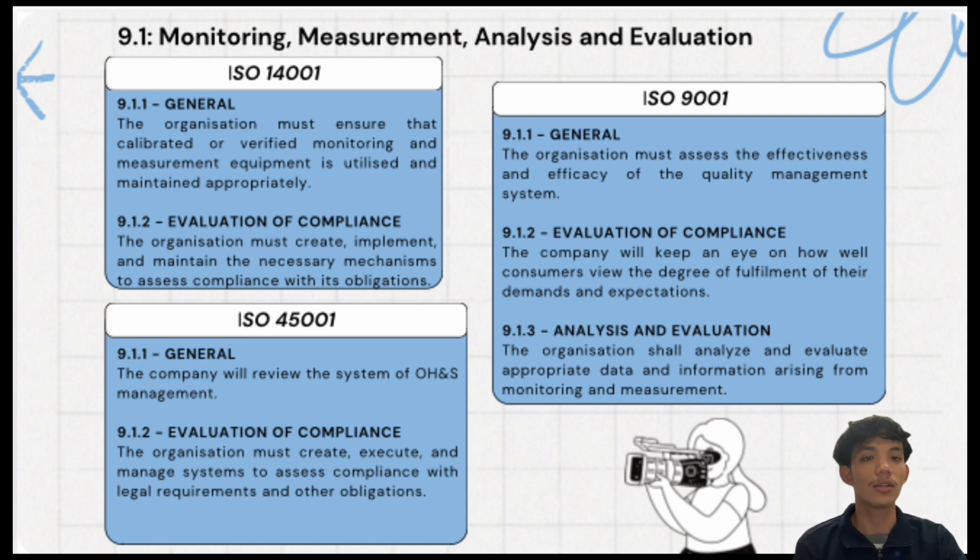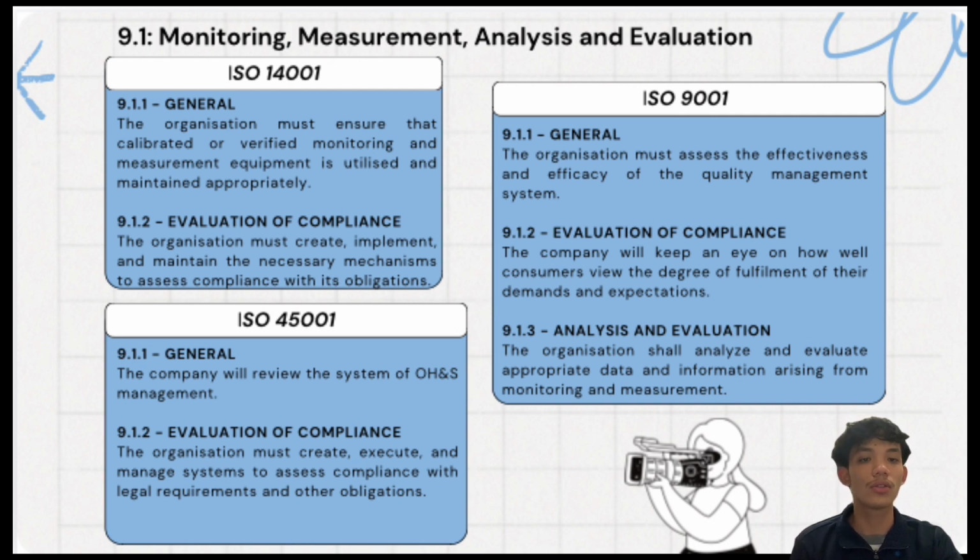Compared to ISO 9001, in general 9.1.1, the organization must assess the effectiveness and efficacy of the quality management system. 9.1.2 Evaluation of compliance. The company will keep an eye on how well customers view the degree of fulfillment of their needs and expectations.